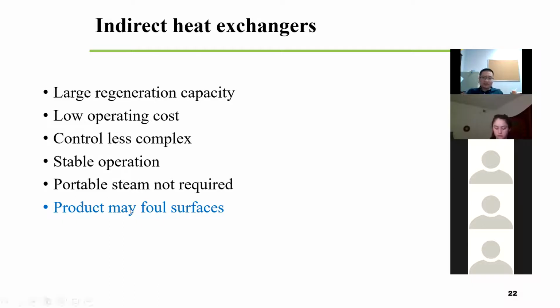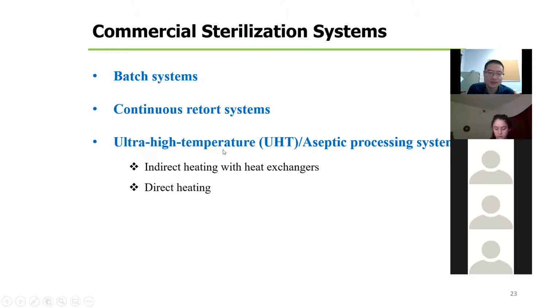That will cause what we call fouling, and it takes a lot of time to clean it. That's always the issue with heat exchangers. So that's the difference between direct and indirect heat.